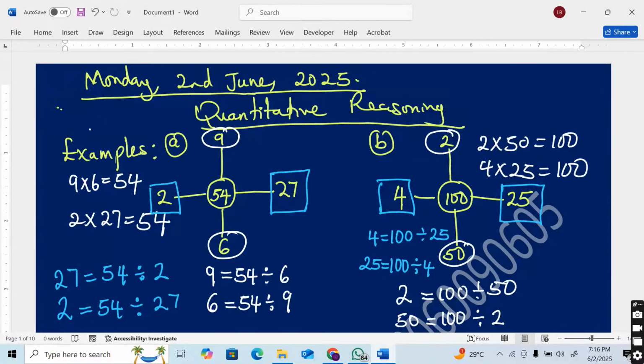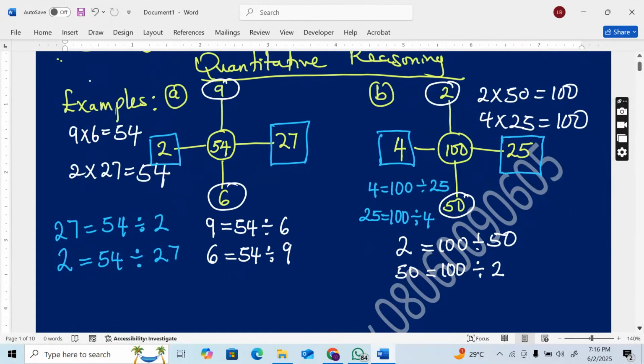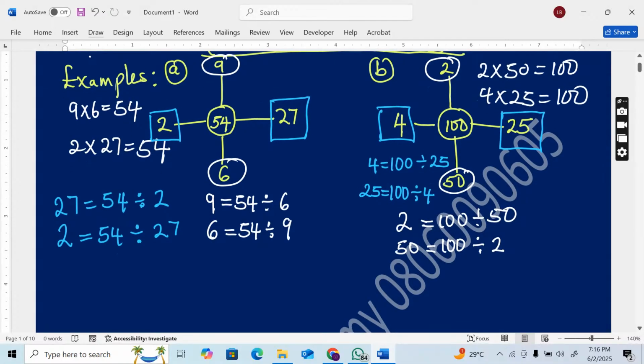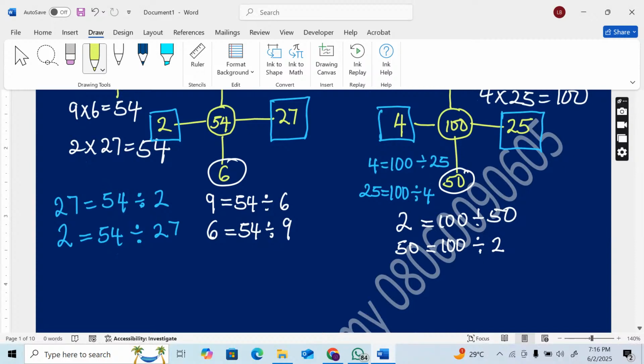So hurry up, write what you can see on my screen, everyone. We want to solve some questions together. I believe you can see what is on my screen. Now, we are going to do this.